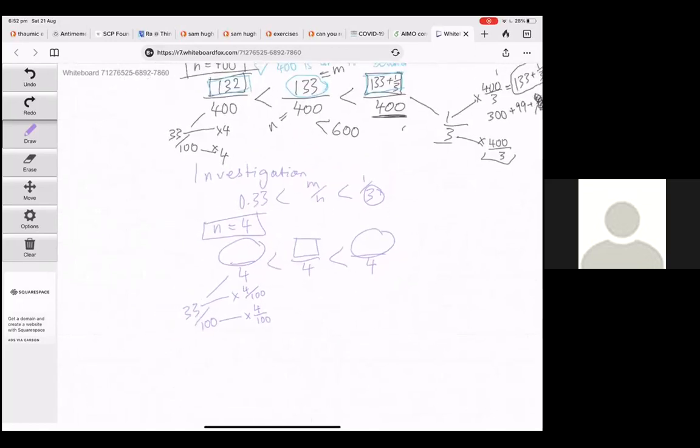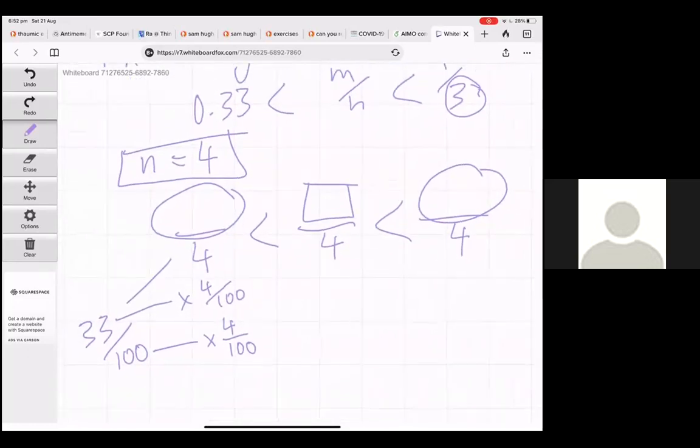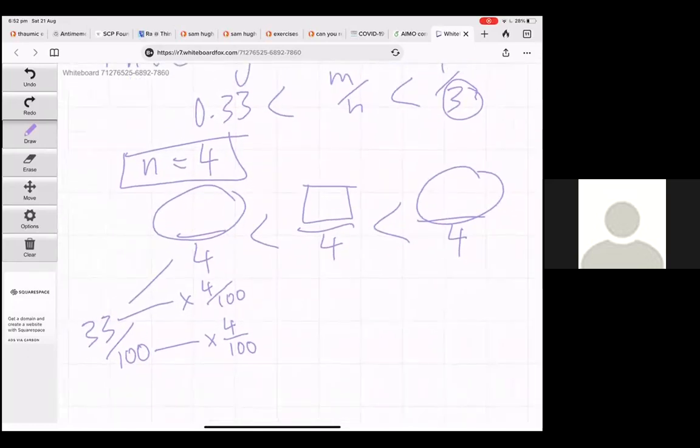So what is 33 times 4? It was 132, right? So then that means the numerator becomes 132 on 100. And I'm going to turn that into a mixed thing. So I get 100 on 100 plus 32 on 100. So that's just 1 plus 32 on 100.